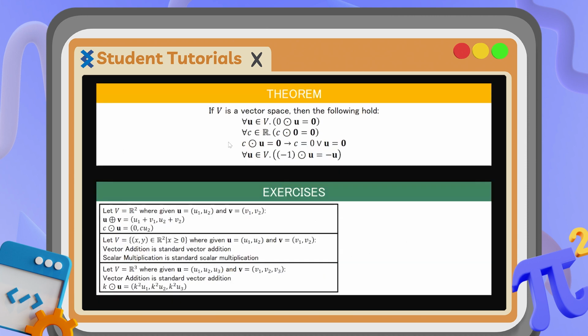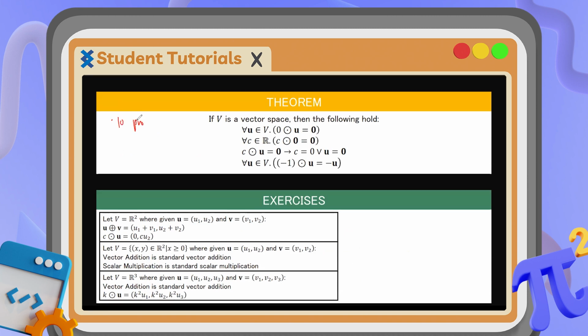So now let's consider the theorem first before applying the exercises. If V is considered to be a vector space, that is, all 10 properties are satisfied, then the following would hold.